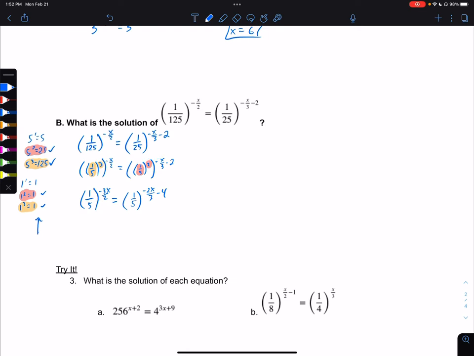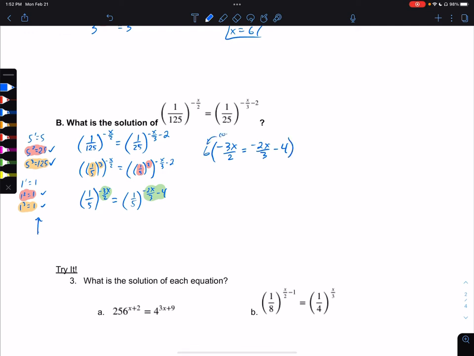Okay. Now we have the same base, so we can take our exponents and set them equal to one another. So we'd have negative 3x over 2 is equal to negative 2x over 3 minus 4. Anytime I have fractions, what I would look to do is multiply the entire equation by the common denominator.